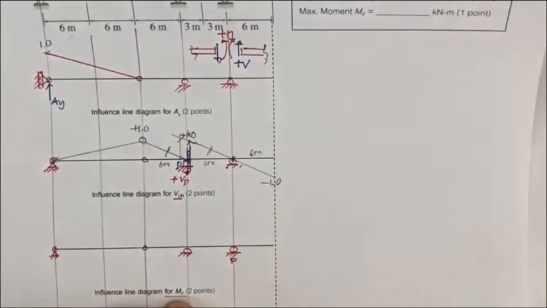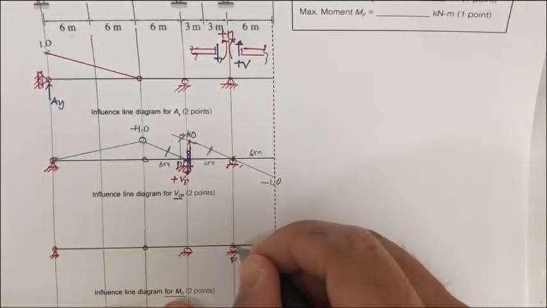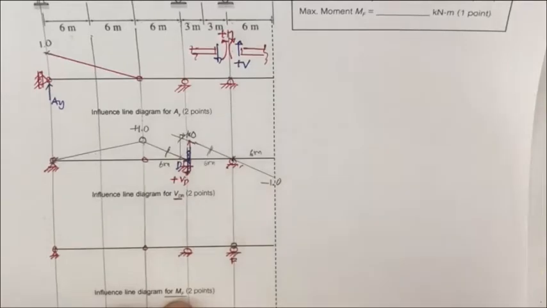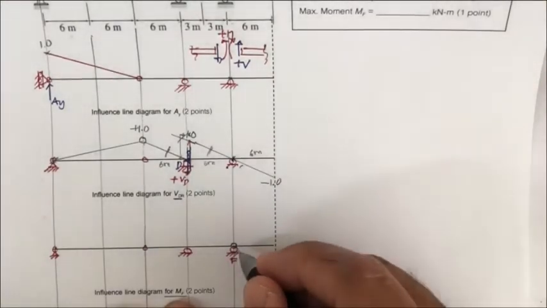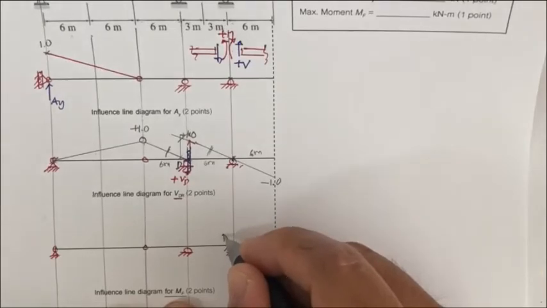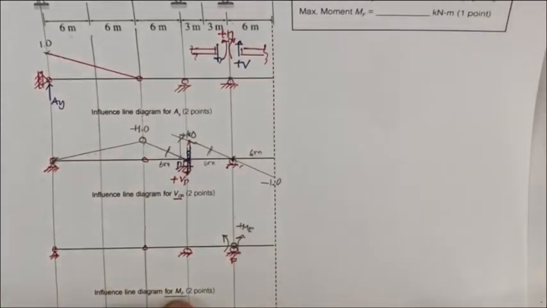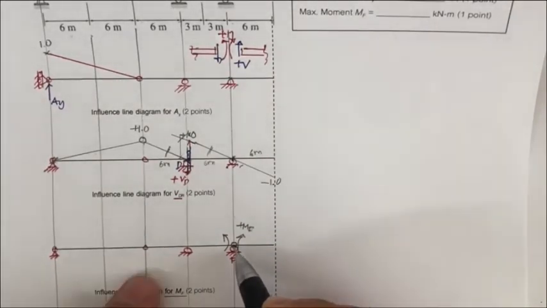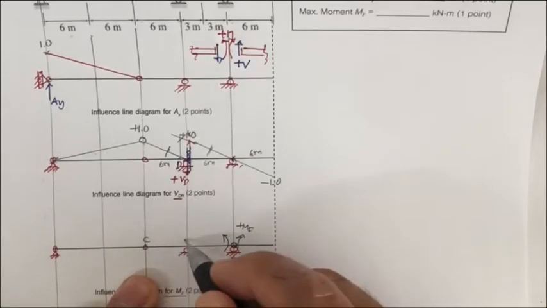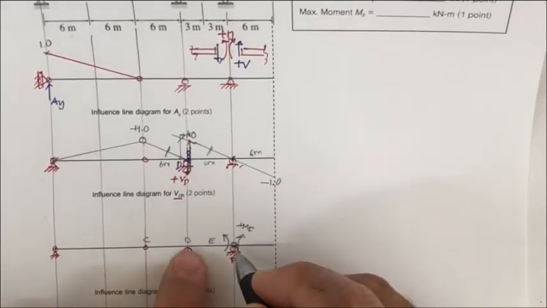You're going to eliminate the resistance to M sub F by putting the hinge here, and then you apply the M sub F to make the beam move, and what you have is this portion of C, D, E, and F has to support.